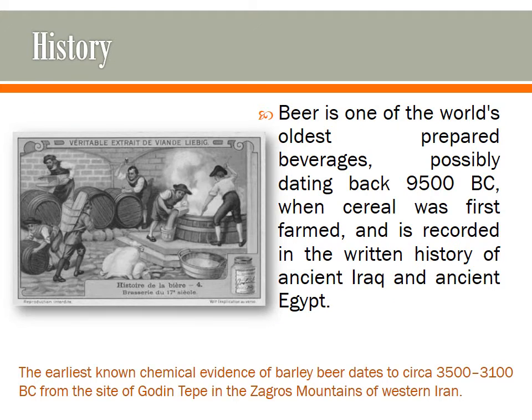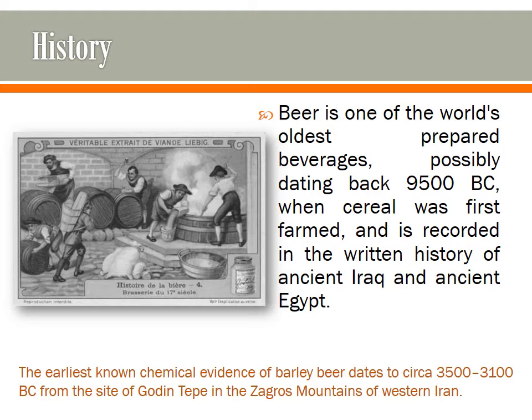Now I'm going to talk a little bit about the history of beer. Beer is one of the world's oldest prepared beverages, possibly going back to 9500 BC when cereals were first farmed. It is also recorded in written history in ancient Iraq and ancient Egypt.